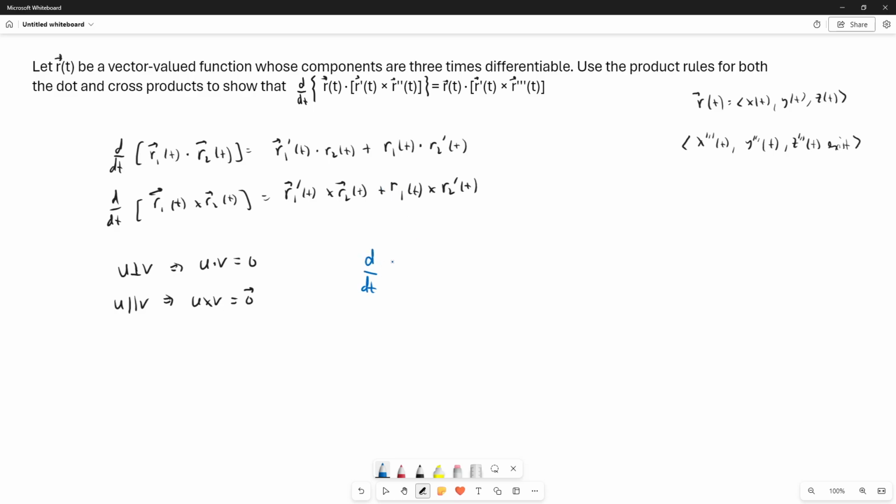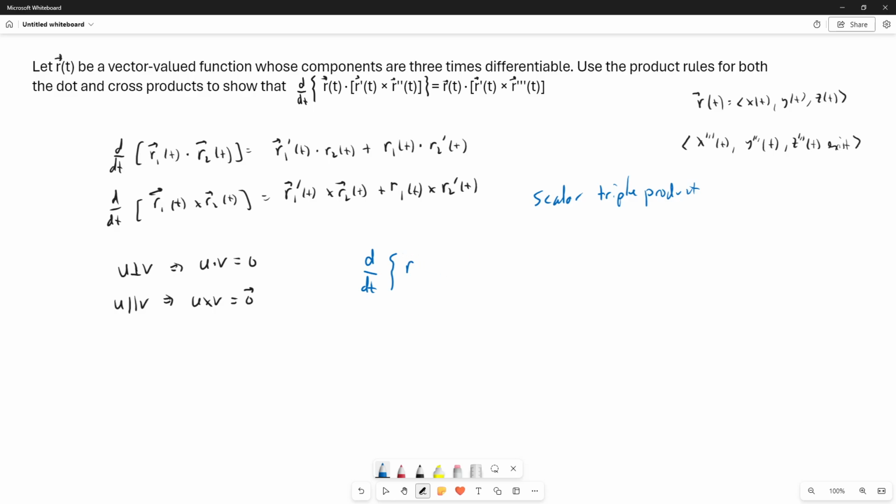The derivative of the scalar triple product. We have 3 components. There are 2 different products, and the result is a scalar because this is a vector dotted with a vector. So it's called the scalar triple product.